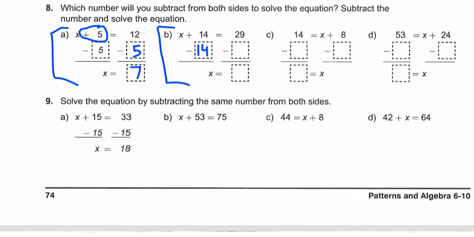We'll take away 14, and 29 take away 14 happens to be 15. So we've solved for x here. See if you can do the next few. And 9 is the same. See if you can continue those without them putting the little boxes in place for you. Okay, let's move on.